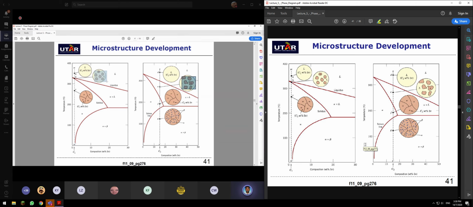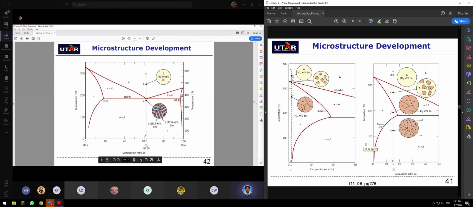Yes, it is almost similar to here. Then as I cool further, it becomes alpha particle solid, which is very similar. And as I cool further down, you have another new phase, which is beta particle, due to the extensive amount of tin being used. So these are the beta particles in solid form.